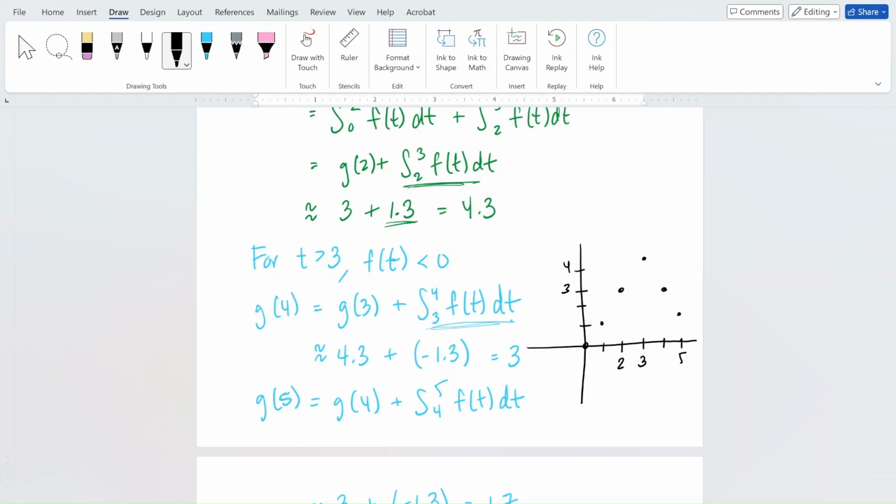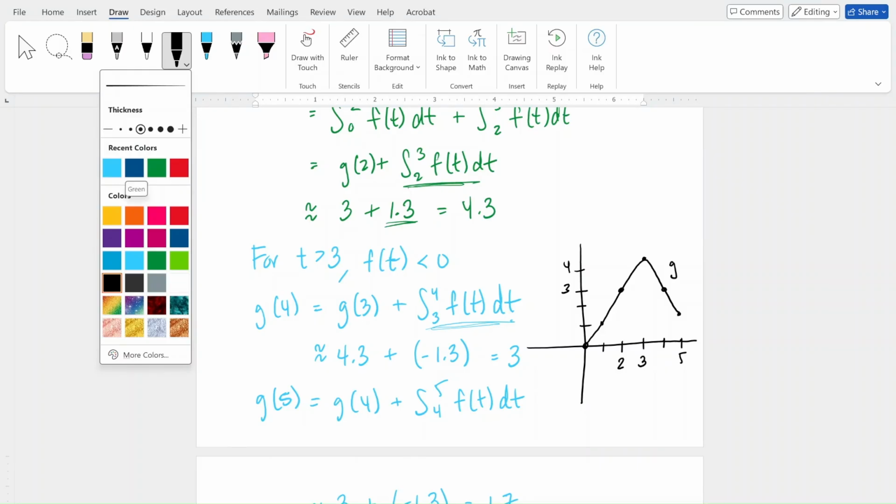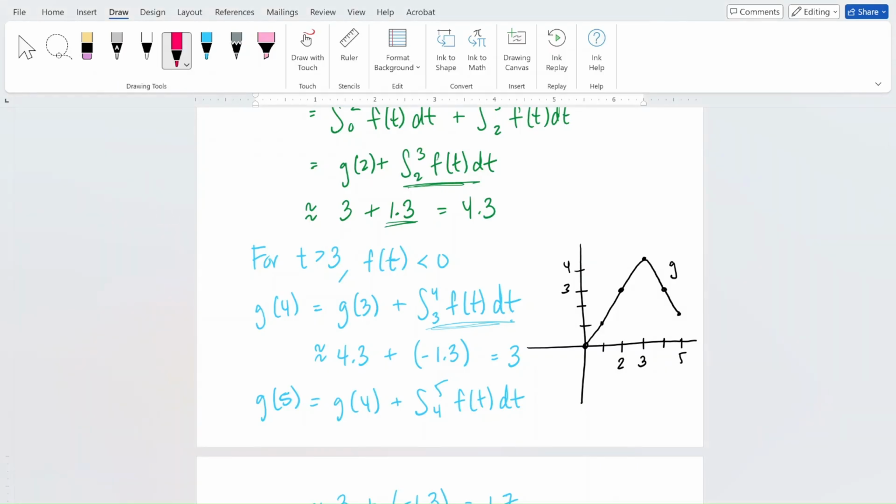And again, I could have taken points besides 1, 2, 3, 4, 5. I could have done like 0.1, 0.2. And so this would have been connected, and you would have gotten a continuous function. And this is your G, right? And so what I was trying to say here, if I wanted to connect this, if I take the derivative of G, looking at this picture, let's look at the derivative of G at 3.